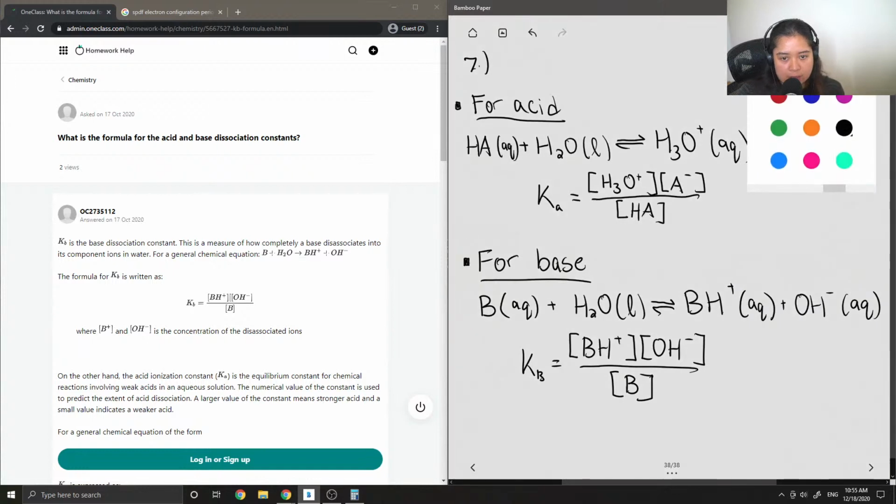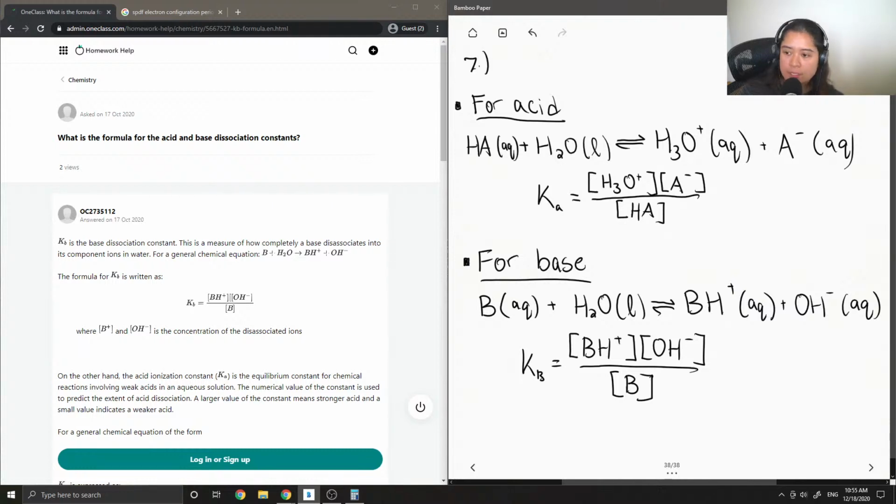So it's important to know how to find these acid and base dissociation constants because this can help us find the pKa and the pKb.